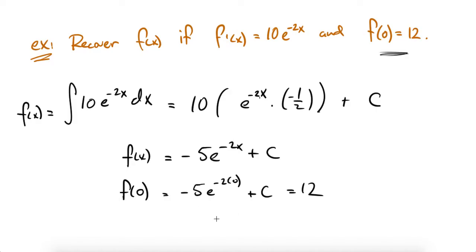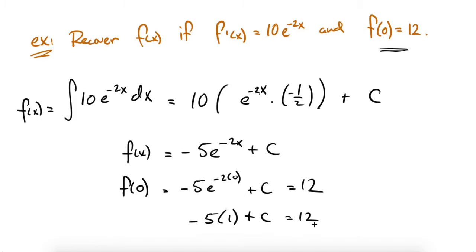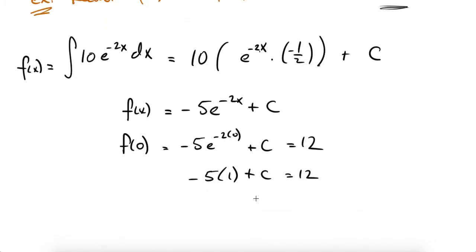So in other words, negative 5 times 1, because e to the 0th is 1, just like anything to the 0th is 1, plus c is 12, which means that c is equal to, I can add 5 to both sides, c is equal to 17. So my original function, the exact antiderivative, so here's the general antiderivative, but the exact antiderivative is negative 5 e to the negative 2x, and then instead of plus c, I know that in this case c was 17.